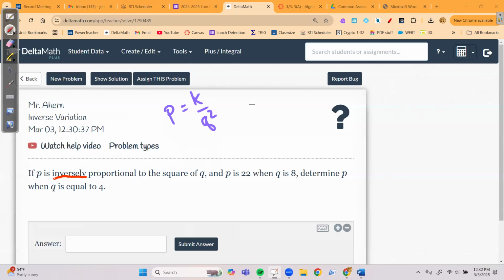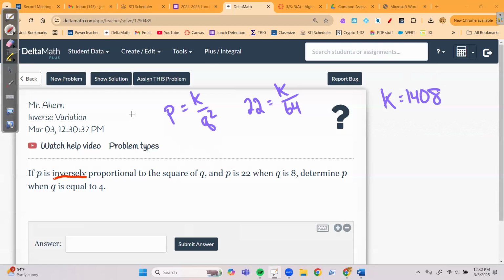So P is 22 when Q is 8. And what is 8 squared? 64. Good. You're going to get a lot of big constants of variation when you're doing inverse variations because of the nature of how we set these up. So to solve this equation for K, we're going to get K equals what? What is 22 times 64? Gotcha, 1,408.